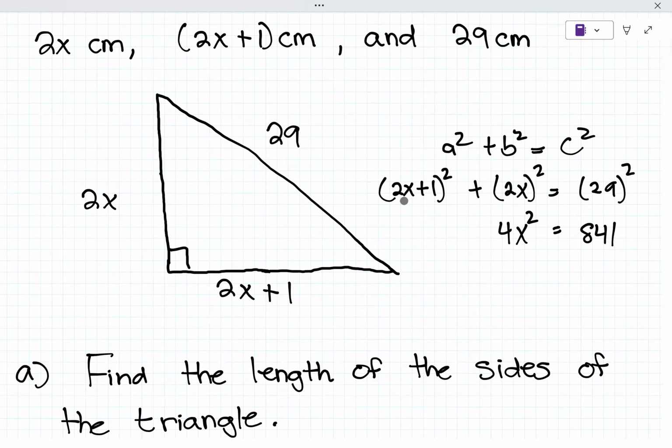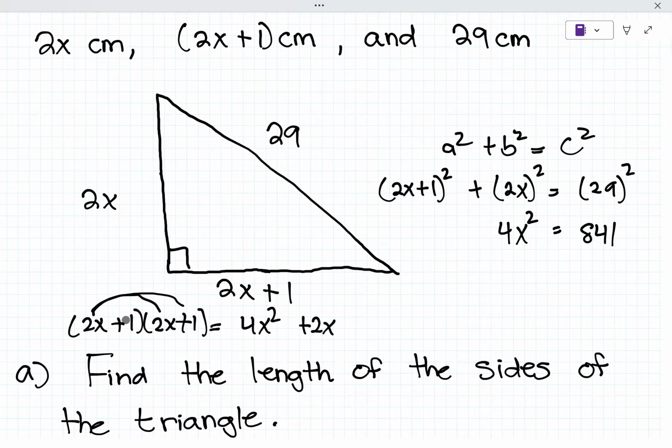It's really the same thing as 2x plus 1 times 2x plus 1. Then you got to FOIL it out. So this is going to be 4x squared, 2x, and then 2x, and then 1, and then you get 4x squared plus 4x plus 1.